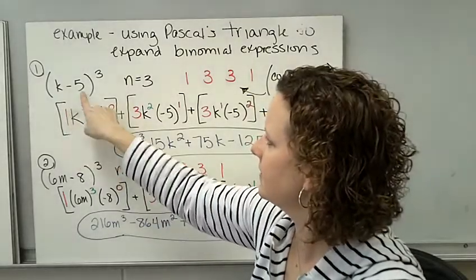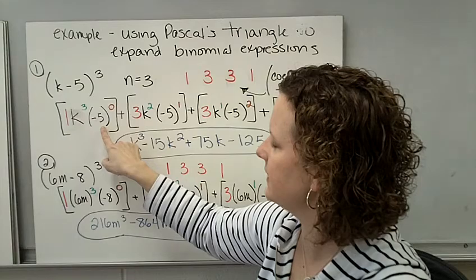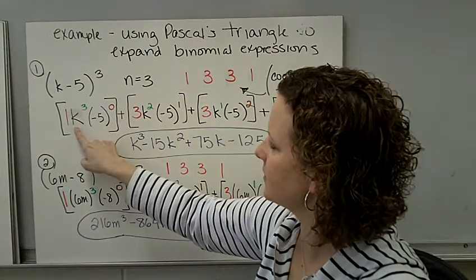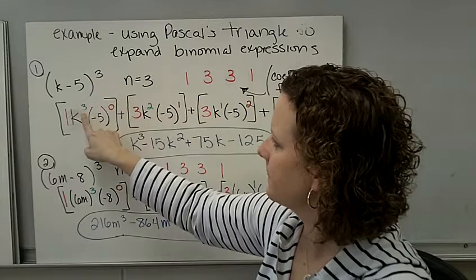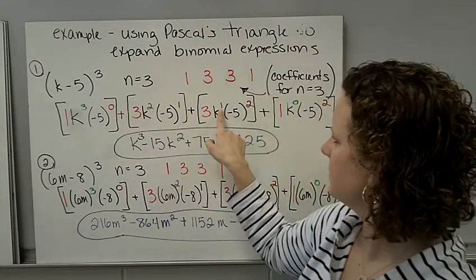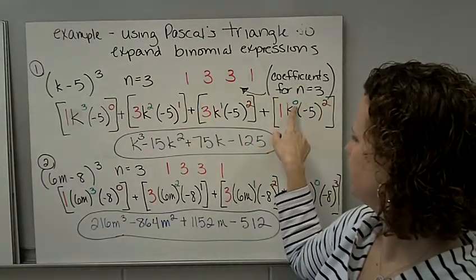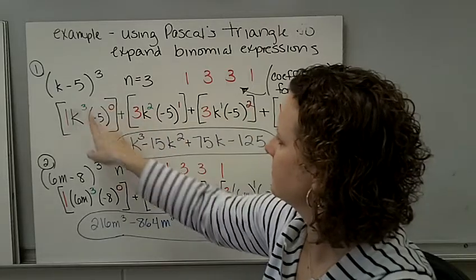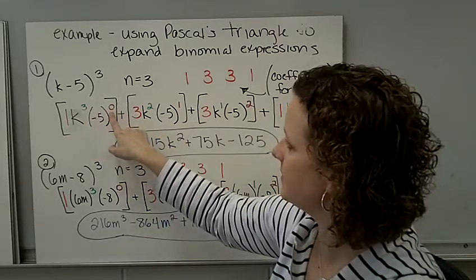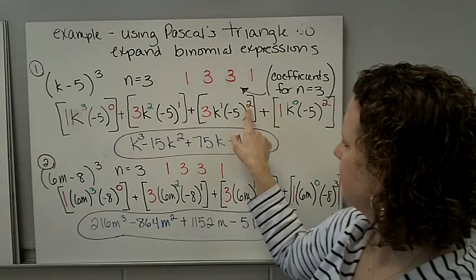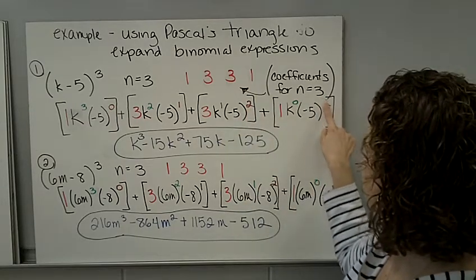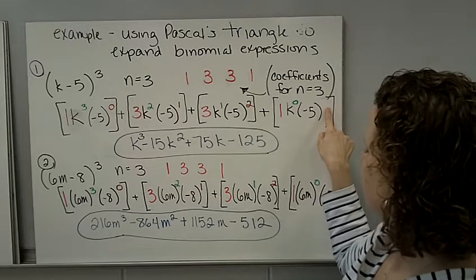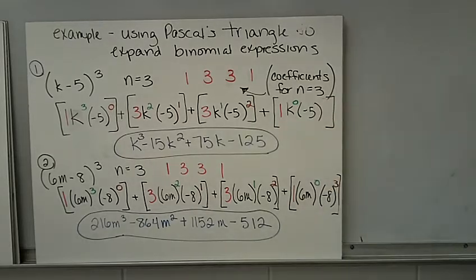So the k and the -5, A and B. The A term, we start out with 3 because it's raised to the third power: 3, 2, 1, and 0. The B term, we start out with 0 and go up: 1, 2, and 3. That should be a 3. Put a 3 right there.